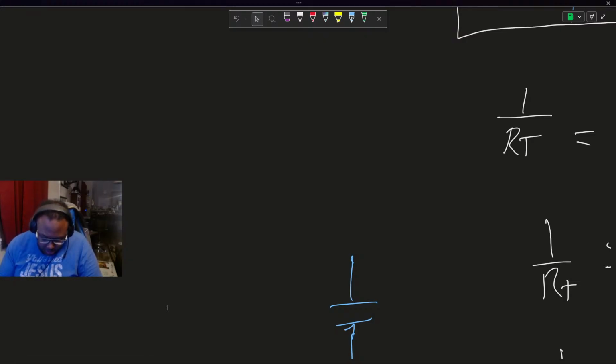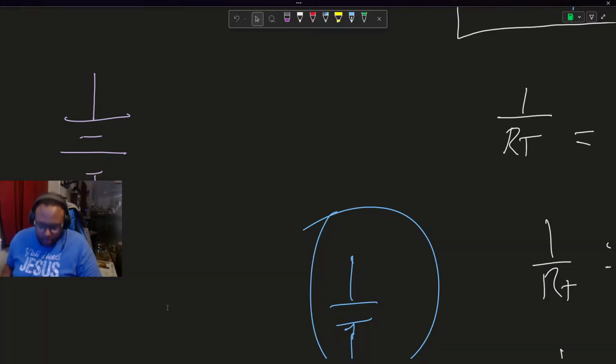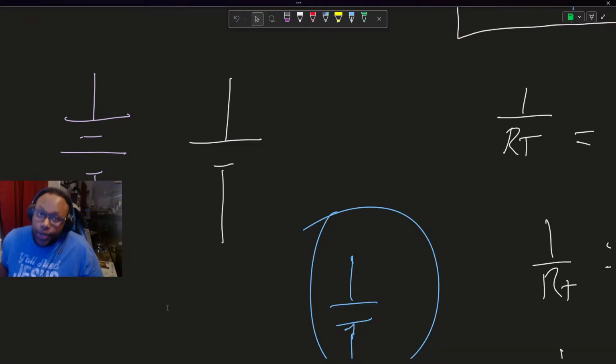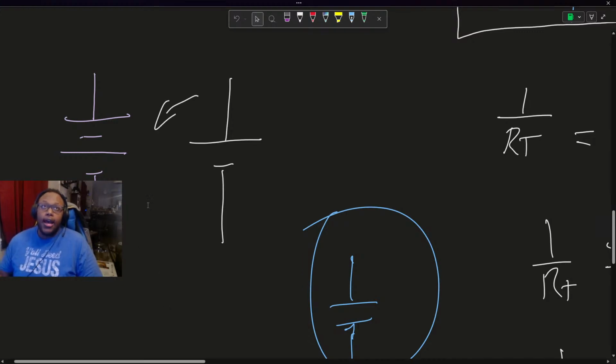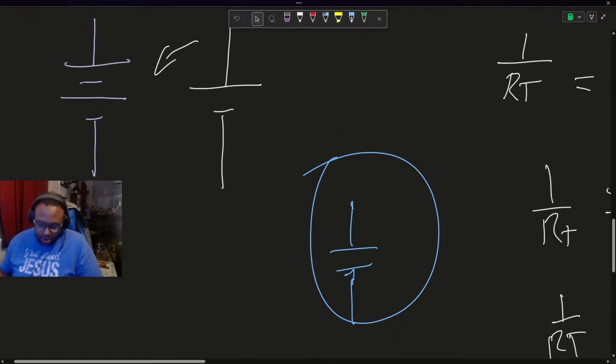Batteries typically get drawn like this, and capacitors are typically drawn like this, like I just drew. But some people, the weird people, draw batteries like this. Just draw it like a normal person and add the extra stuff so people know that it's a battery and not a capacitor, because you might get someone with bad enough handwriting.